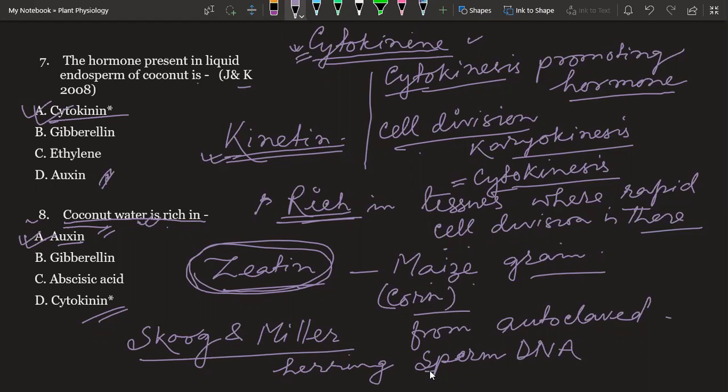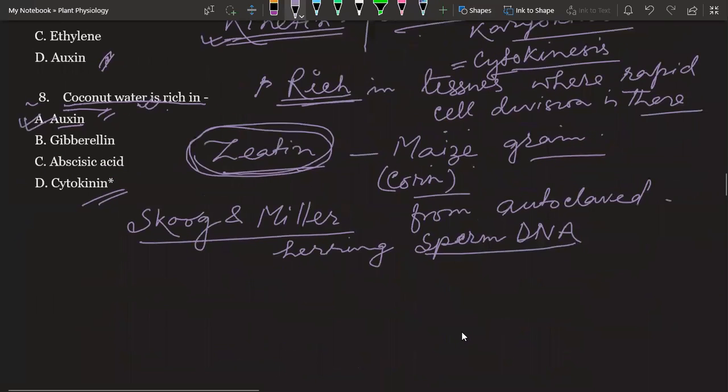From the sperm DNA, it was extracted. This herring, an amphibian sea animal, from that sperm DNA, it was discovered. Autoclaved means it was sterilized, and in that high pressure and temperature, of course, DNA breaks.